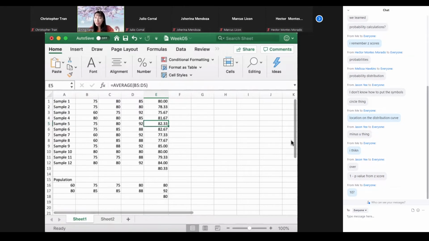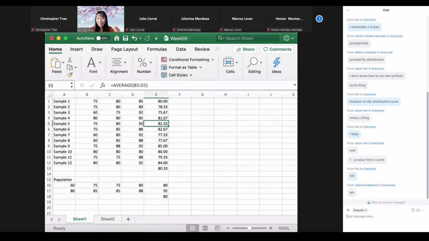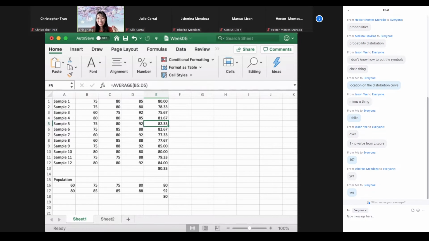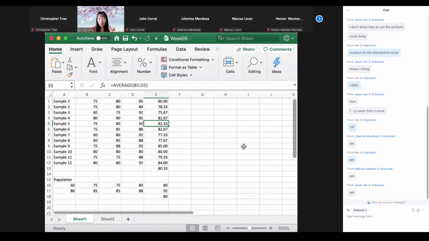So does this make sense? A single sample may not be as reliable. Yes. Okay. Good. So that's the one thing I wanted you to understand.